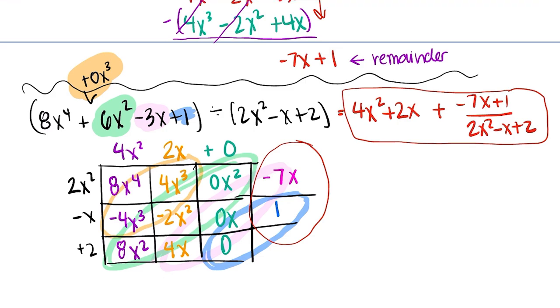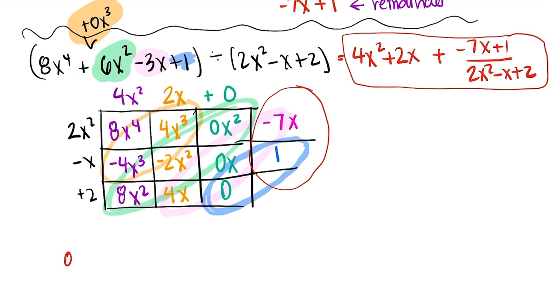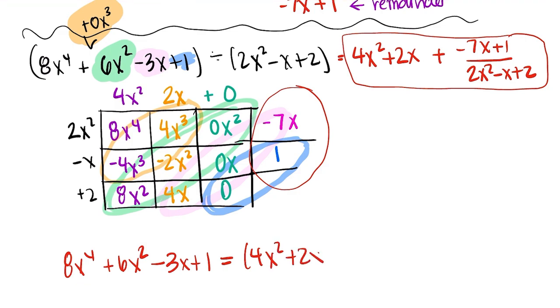So I could write that out, where I could say 8x to the 4 plus 6x squared minus 3x plus 1 is equal to the 4x squared plus 2x on the top times 2x squared minus x plus 2 on the left, plus that negative 7x plus 1 that was left over.